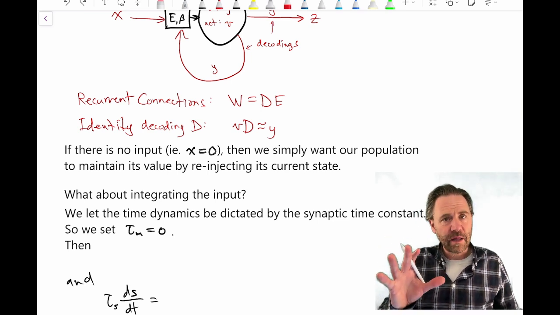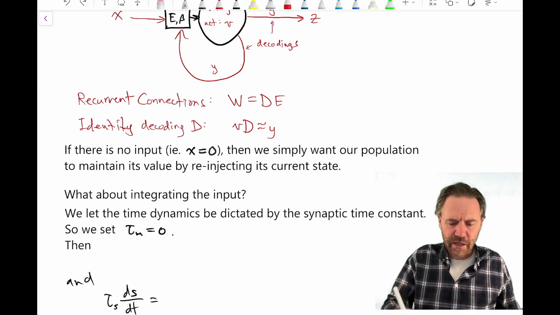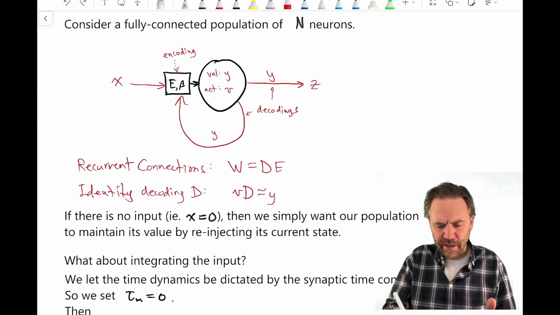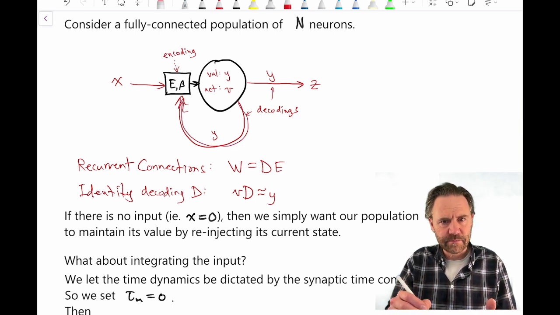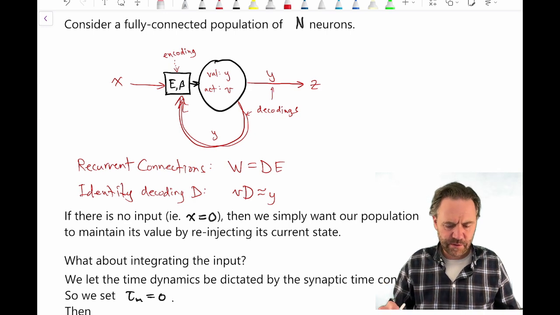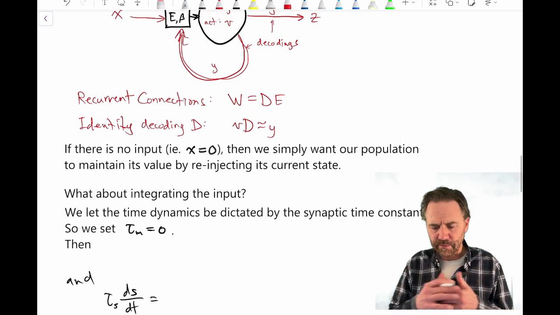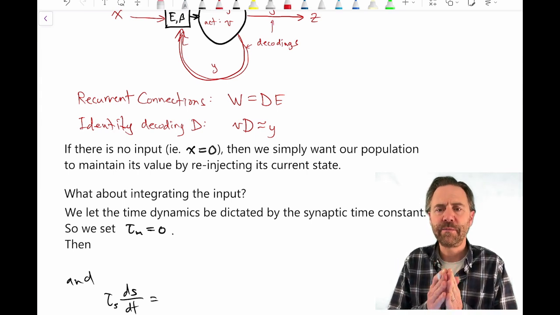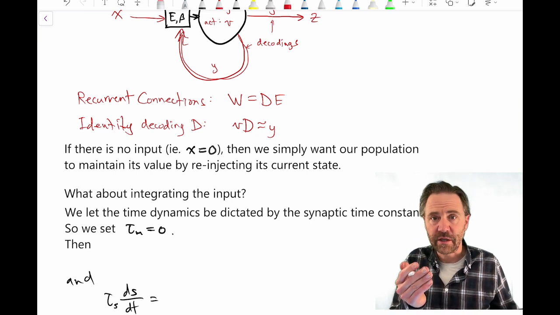So this, I'm claiming, is a neural integrator. It's taking some input x and encoding that, but in addition to that, it's recycling its internal state and re-encoding it. So if there's no input, when x is 0, we simply want our population to maintain its value by re-injecting the current.